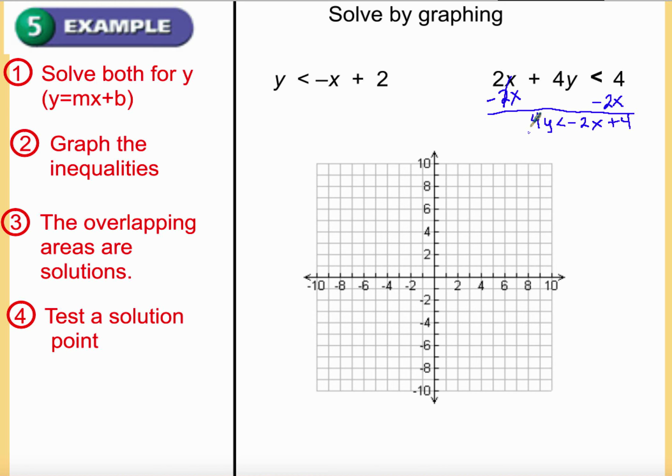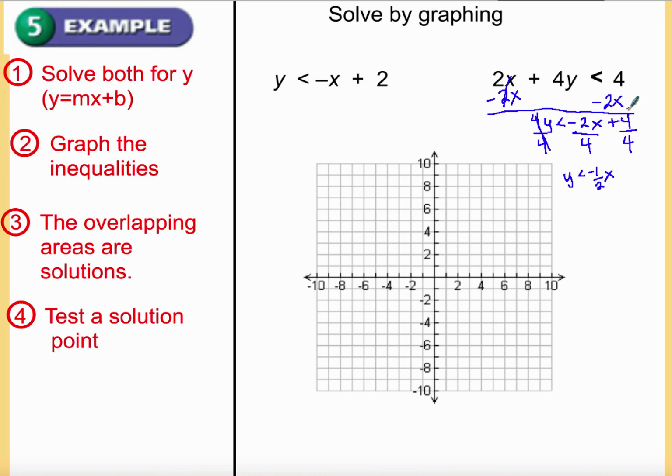Now y is getting multiplied by 4, so I'm going to have to divide by 4 in order to get y alone. But we can't just go around dividing by 4. We have to divide everything by 4. It's a dividing by 4 party. Everybody's invited. So we are dividing by 4. It's going out of style. 4 divided by 4 is 1, so I got 1y is less than, let's see, negative 2x divided by 4 is the same as negative 1/2 x.